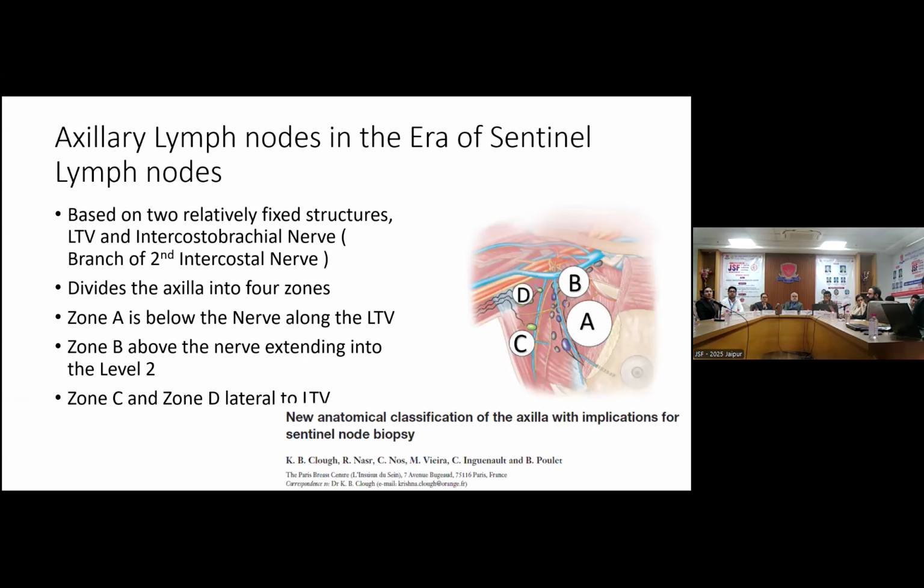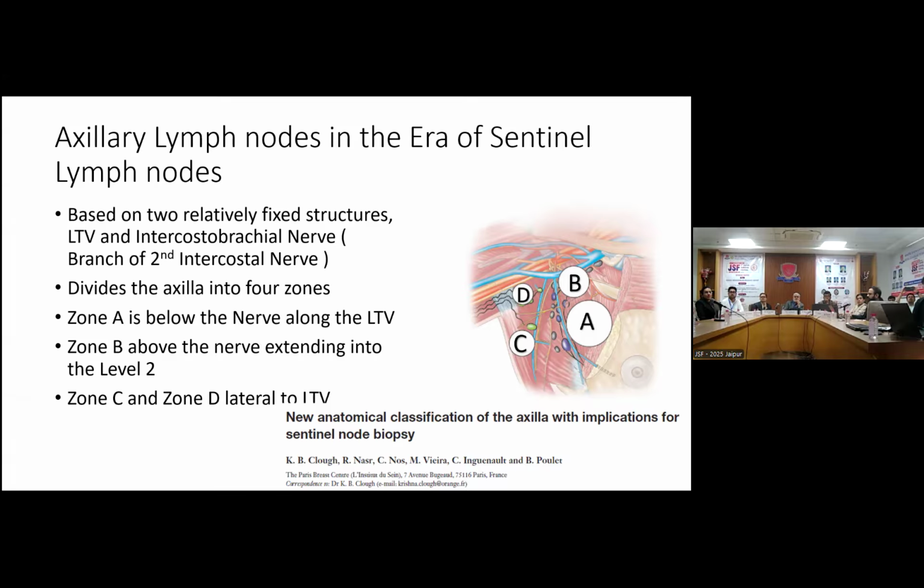So in the era of sentinel lymph nodes, Clough et al. redefined this classification into A, B, C, D. He based his classification on two structures which are very constant in their anatomy, the lateral thoracic vein and the intercostobrachial vein. So A is the group below the intercostobrachial vein and along the LTV. B is the group of lymph nodes above the intercostobrachial nerve and along the LTV.